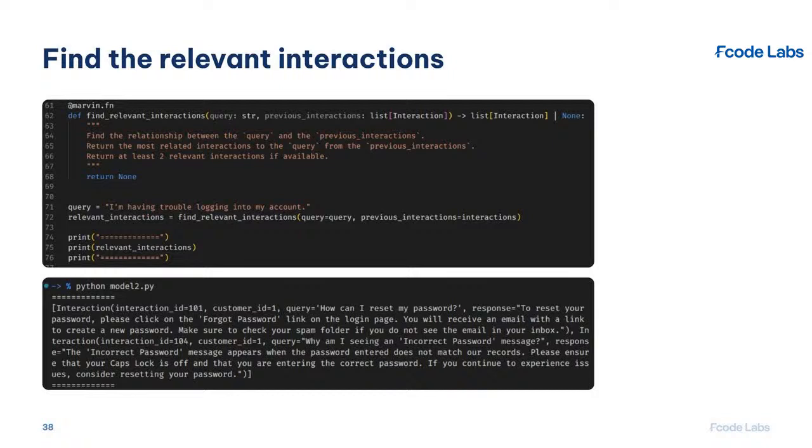I run that function with the user query, and it returned two interactions. One is with the query about forgetting a password, and the second one is also about a password, where the user has complained about getting a message called incorrect password every time. So we got these two interactions as relevant to the given user query.